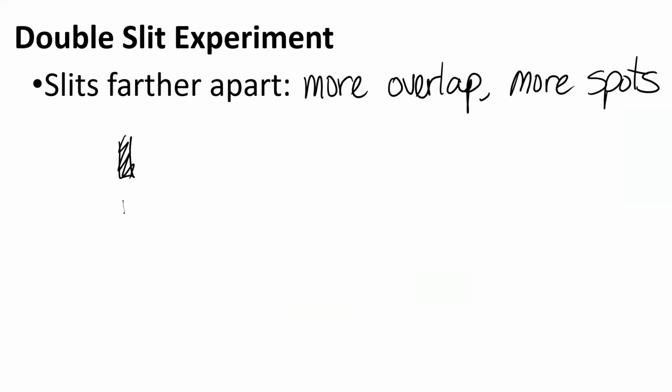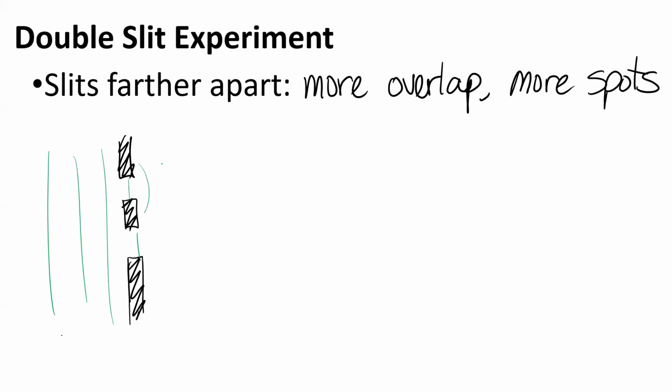So let's bring these really close together in the first example. There we go. So if they're close together, they don't overlap as much, and so we don't get as many spots.